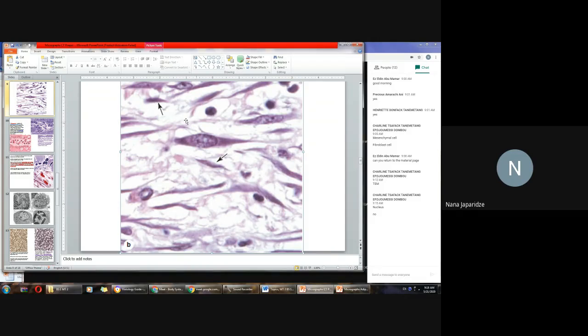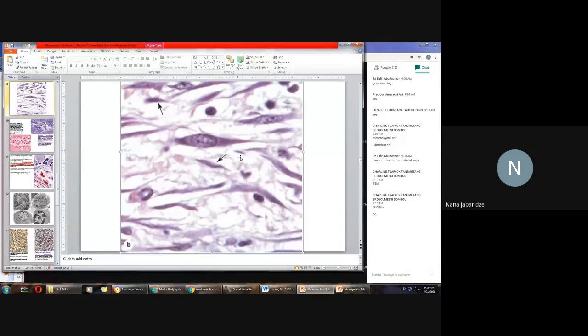Okay, so what type of tissue do you see here? What type of tissue is on this slide? So this is loose connective tissue. And you see here collagen fibers.